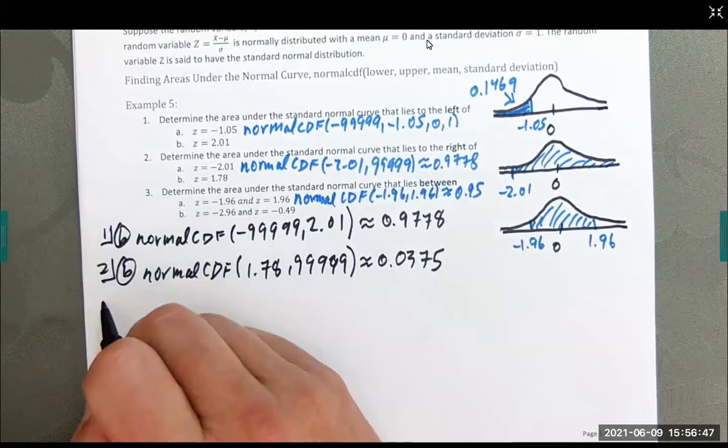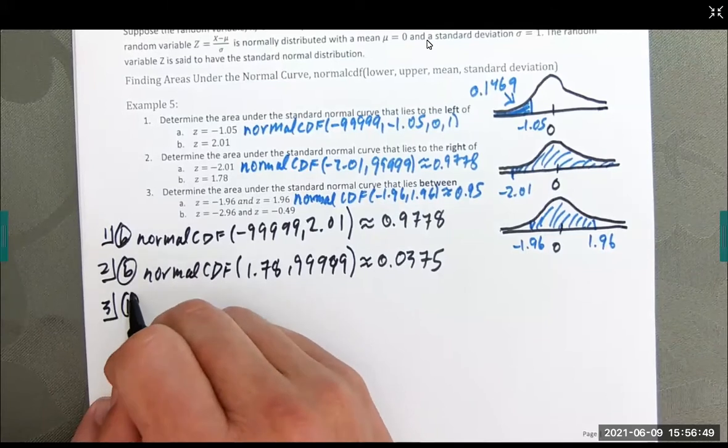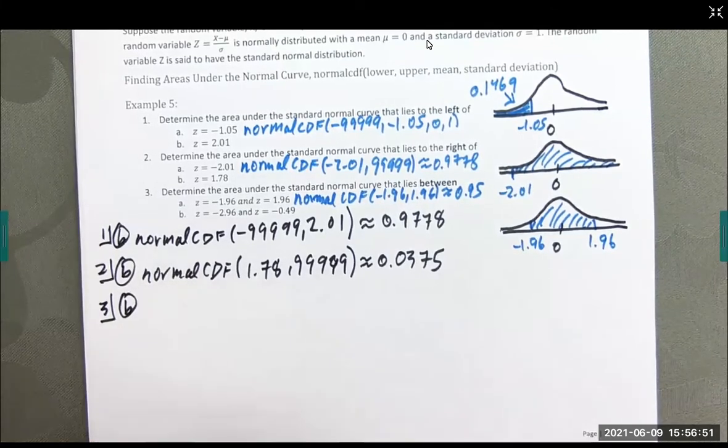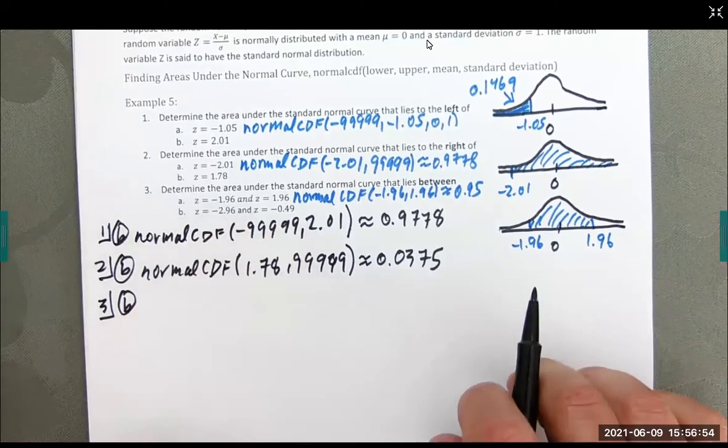Let's do 3b. So they want the area between negative 2.96 and negative 0.49.